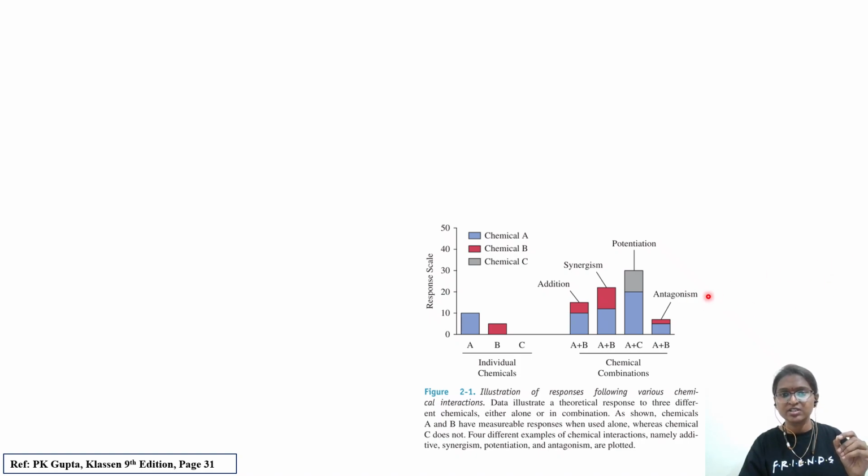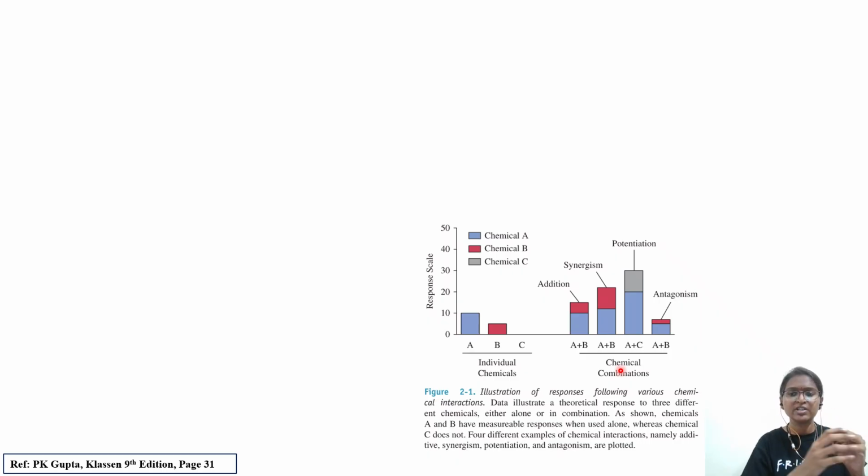So first thing is that this particular diagram is taken from the Lu textbook. One question with respect to ethanol you will get in the exam. They will give you some example. For example, they will give you ethanol and some other chemical, for example carbon tetrachloride.